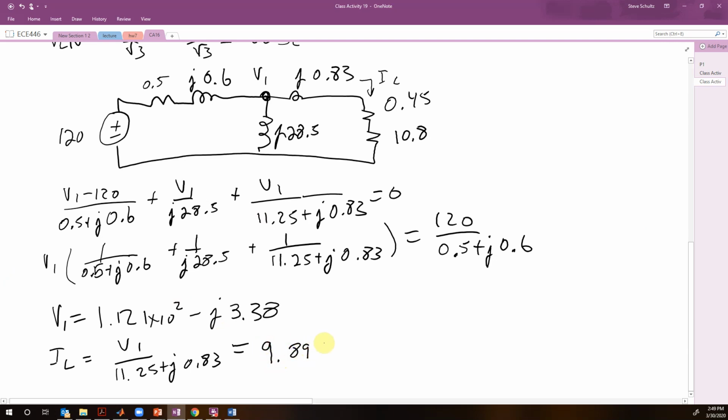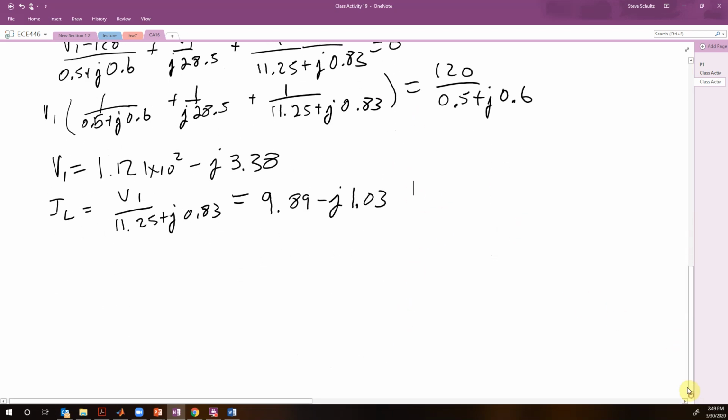9.89 minus j1.03. And then we're trying to find the power in the 10.8 ohm resistance, which is our load.